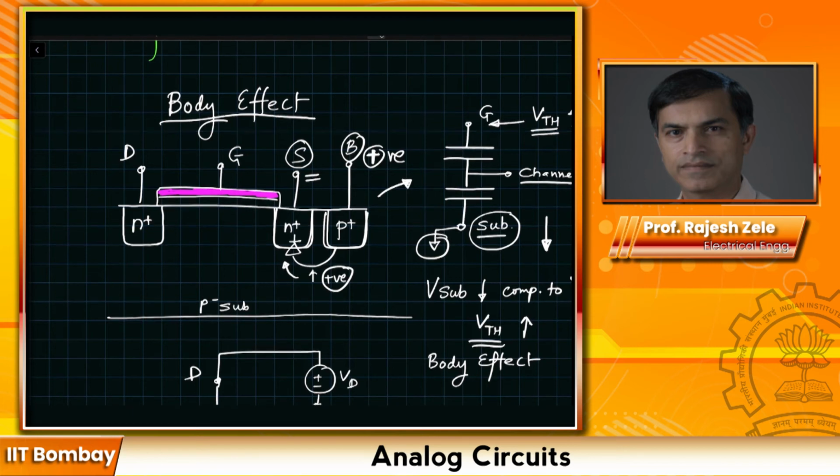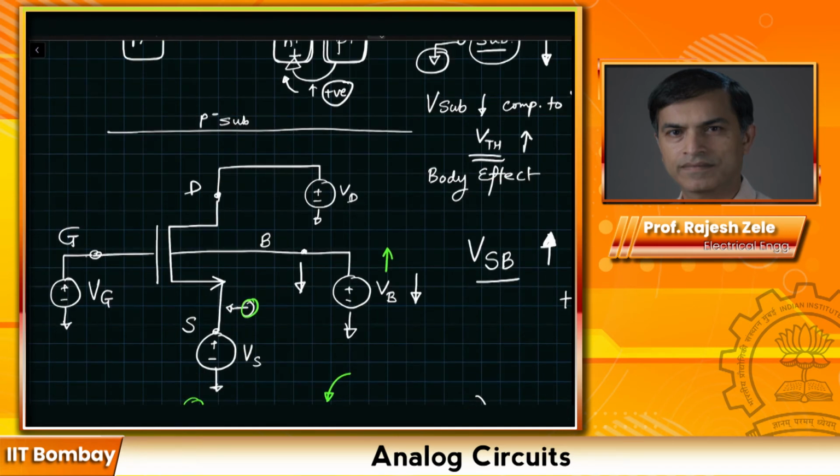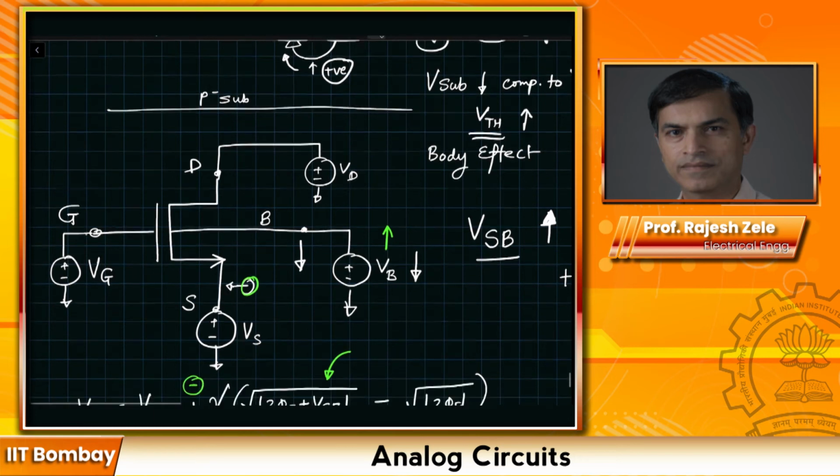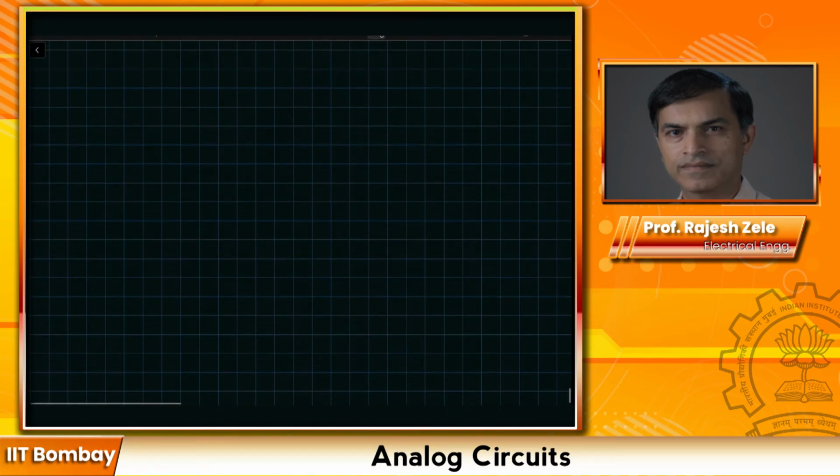Just for the purpose of reducing the threshold voltage, you can use it. What I like to do is put in some resistor in this path so that we can limit the current which is going to flow in this direction. Okay, so we can limit this forward biasing of the p-n junction current to a very small value. Next, we are going to look at subthreshold region or subthreshold conduction of MOSFET transistor.